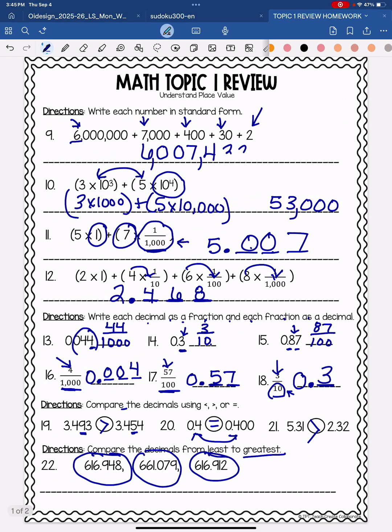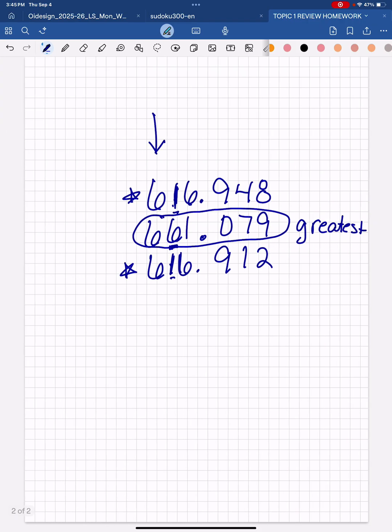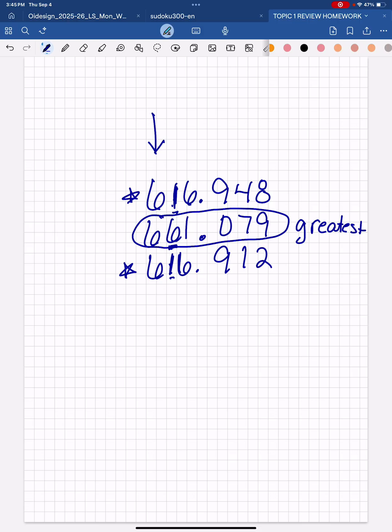Remember, it's always important to read these directions. Sometimes it'll say greatest to least. This one says least to greatest. So let's keep going to the next place value. This 6 and 6 is the same. 9 and 9 is the same. So that brings us to 4 and 1.